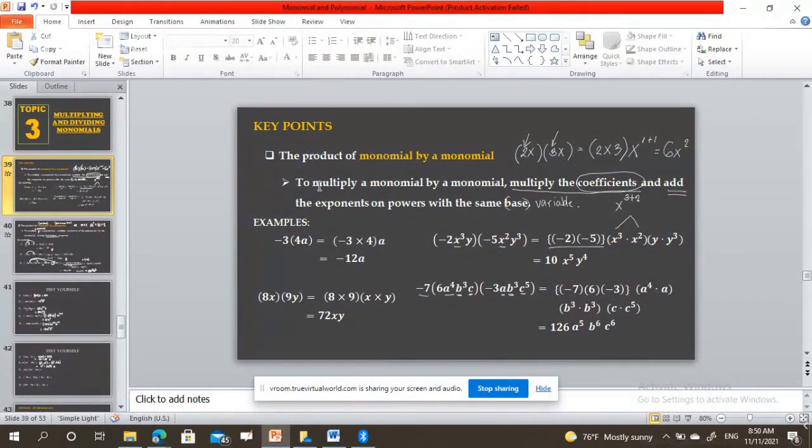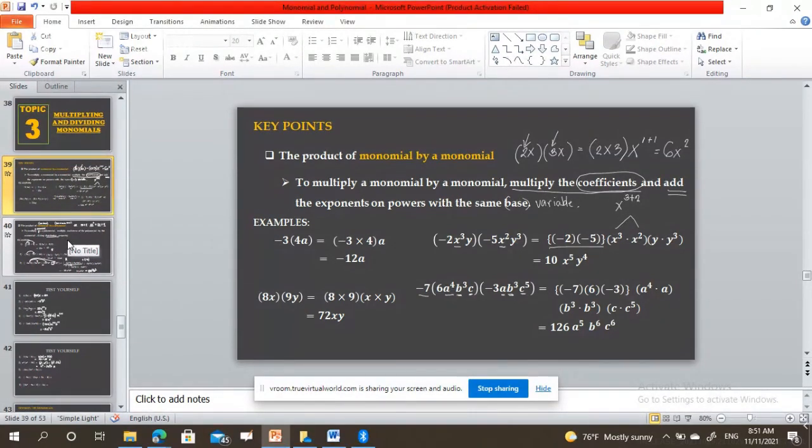To multiply a monomial by a monomial, multiply the coefficients and add the exponents on powers with the same base, with the same variable. All right, so that is for a monomial by a monomial.